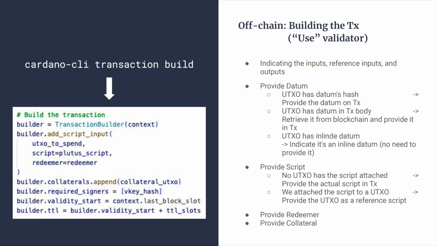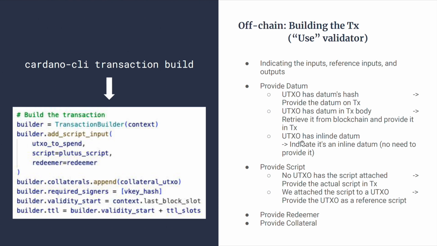Okay, next, let's say we have queried the information we need. Then we would want to build the transaction. In Cardano CLI, this is the transaction build command. Basically what we just mentioned, we need to provide the inputs and outputs, and also the datum potentially, and even the script itself, unless it's already attached to the UTXO, and then also the redeemer and collateral and so on.